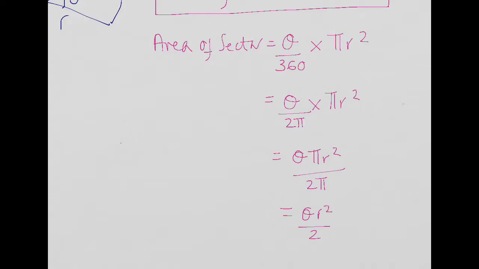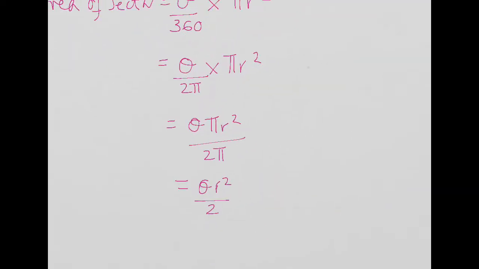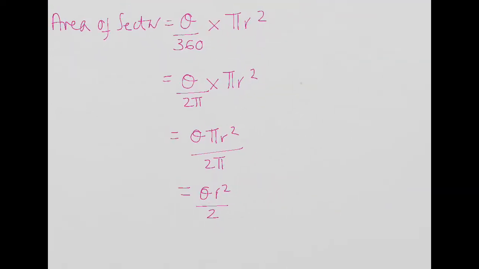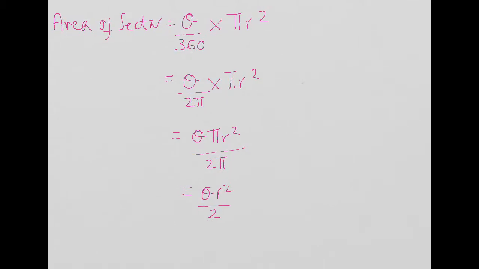And how we actually write the area of a sector, as we did with the length of an arc, is slightly different to how it's calculated. I'm going to write it in a different colour to make it stand out.